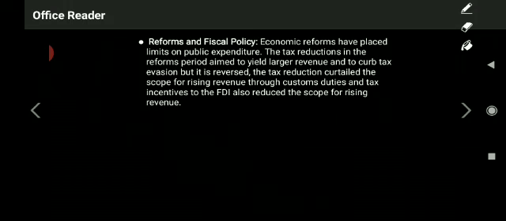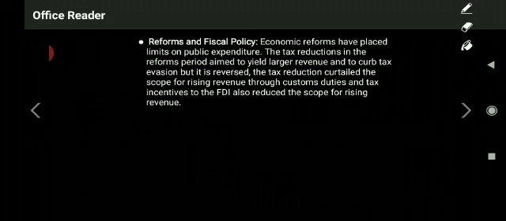Now, coming to the next part of the economic slowdown in most of the areas during the reforms period: reforms and fiscal policy status. Look at the status of reforms and fiscal policy during economic reforms. Economic reforms have placed limits on public expenditure.